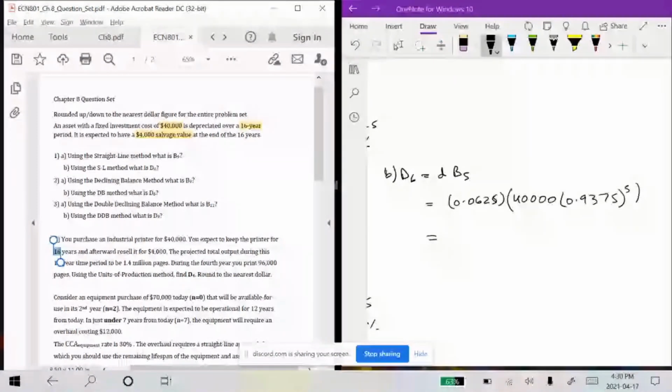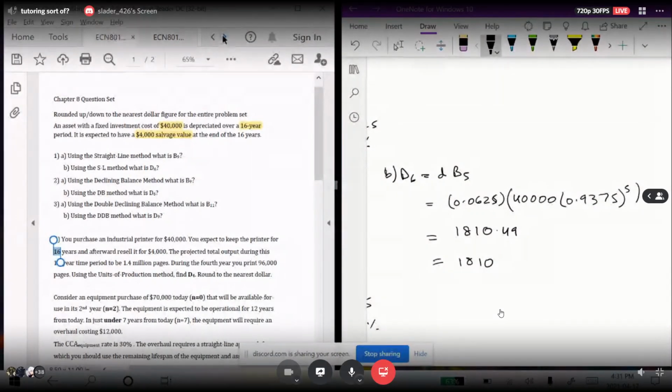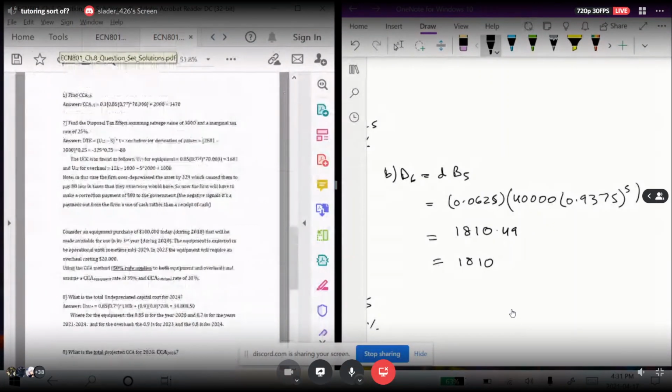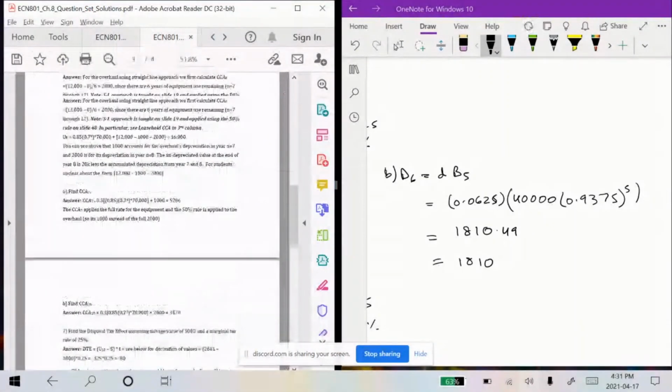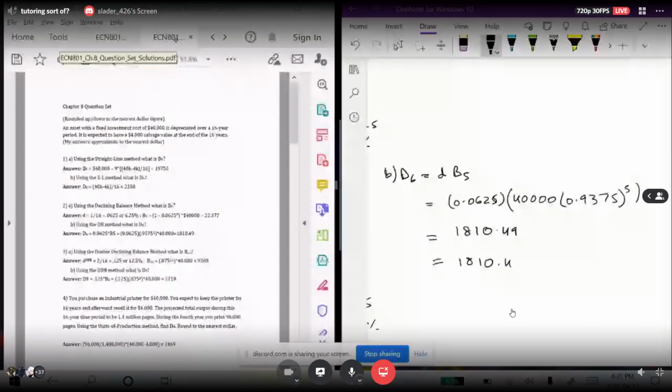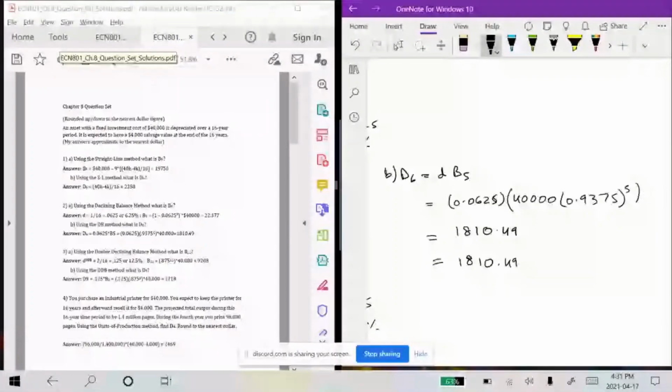So this comes out to be 1810.49, and I think you just leave it at 1810. Let me check if I got the answer key. Yeah, he just leaves it at 1810.49. So this is how you do the D6, for whoever was asking that.